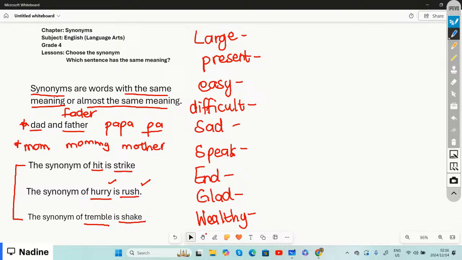All right, so I'm going to write down as I see the comments coming in. Yes, so large, another word for large is big. Another word for difficult, it's hard. Well done.